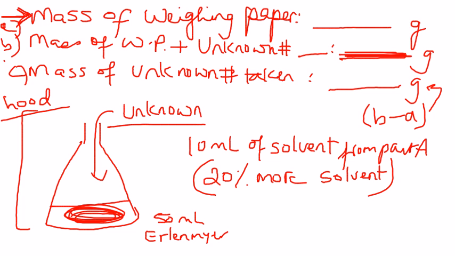You don't want to add too much, because you want to keep the solution saturated, or as close to saturated as possible. Now, as you heat it in the steam bath or water bath, as is applicable to your particular system, you will see that a lot of the solute will go in.